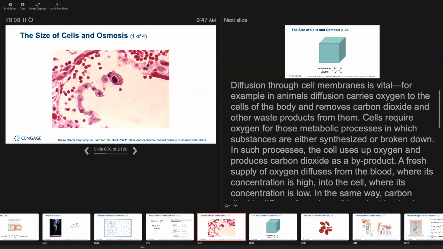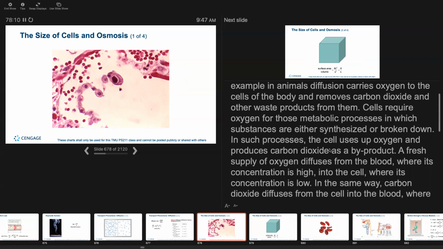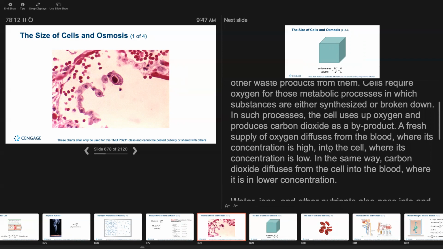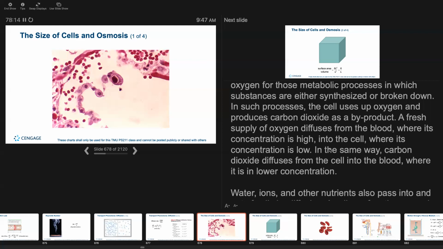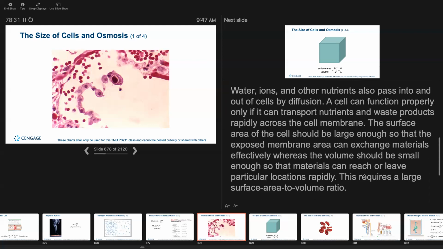In such processes, the cells use up oxygen and produce carbon dioxide as a byproduct. A fresh supply of oxygen diffuses from the blood, where its concentration is high, into the cell, where its concentration is low. In the same way, carbon dioxide diffuses from the cell into the blood, where it is at a lower concentration. Water, ions, and other nutrients also pass into and out of the cell by diffusion.